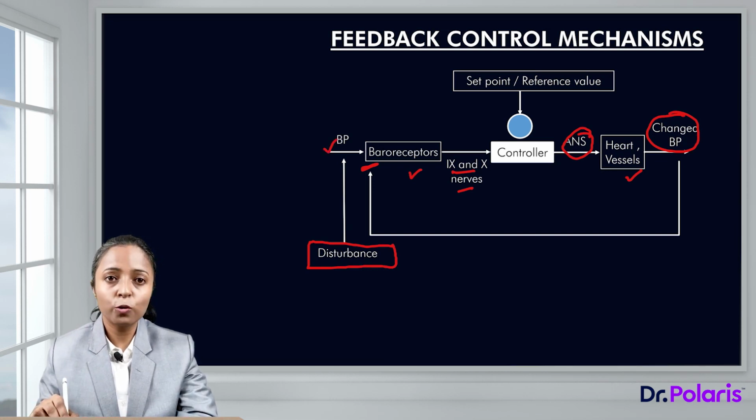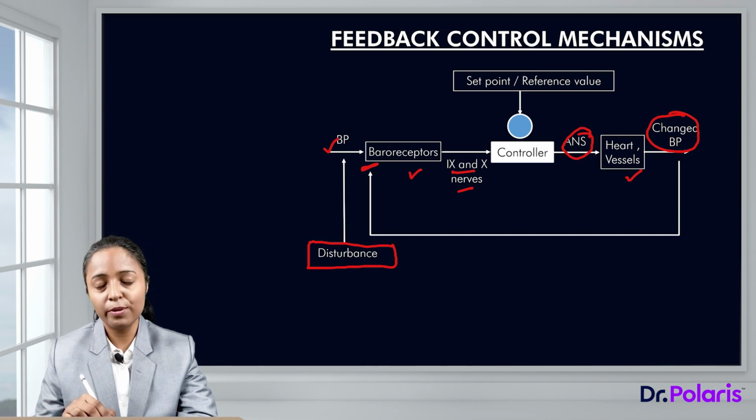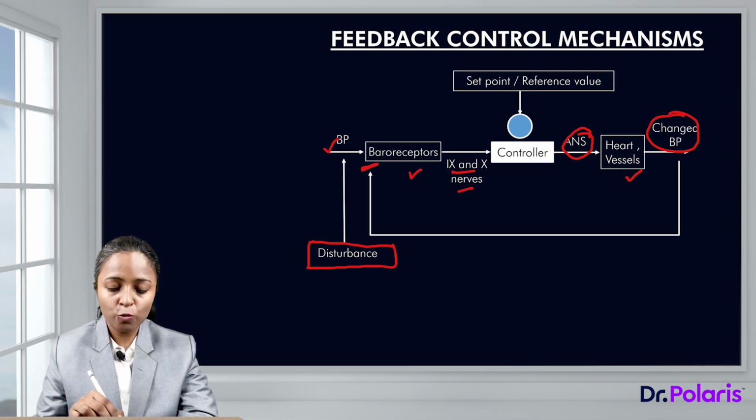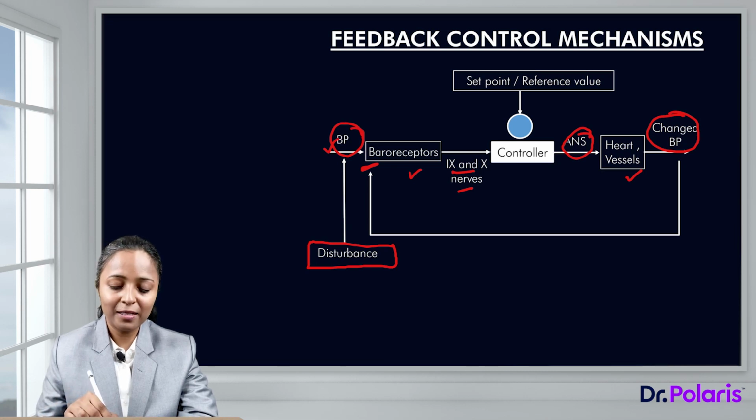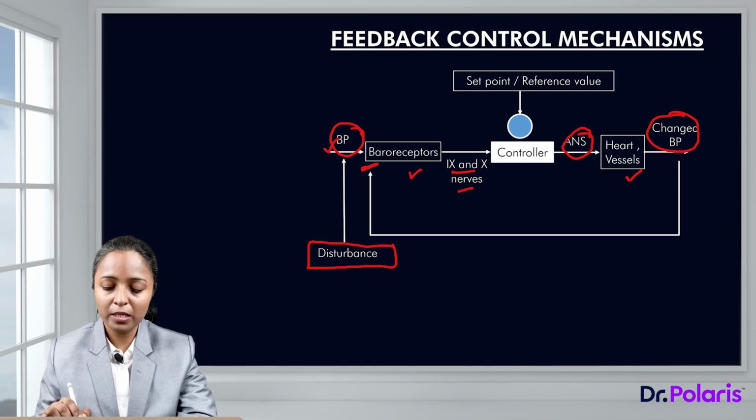So one is the control system causing the change in BP, and the other is the external disturbance which is causing the change in the BP. So both of these will affect the current value of the variable, in this case BP, and that is being detected by the baroreceptors again. Right. So that's how this feedback control mechanism tends to correct the variable to nearer to the set point.